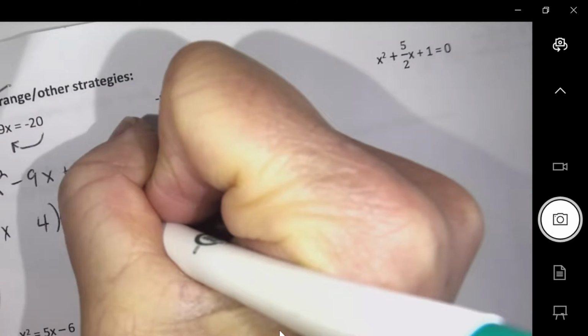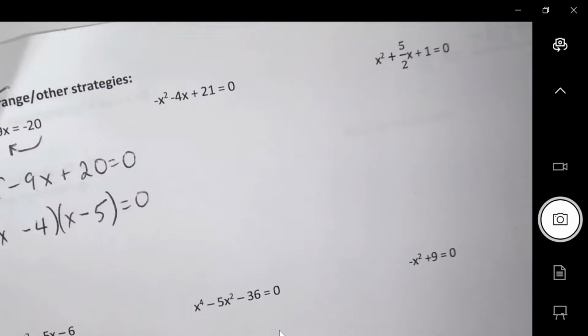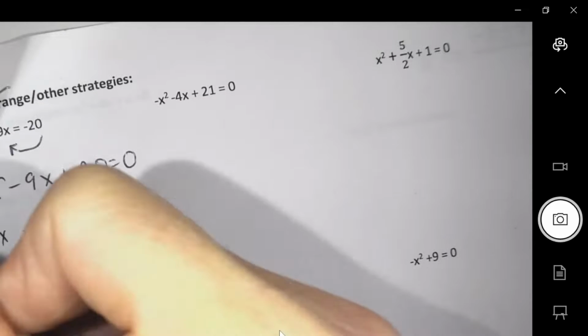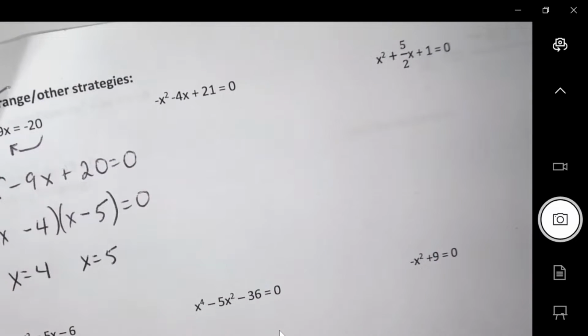So 4 times 5 is 20, and 4 plus 5 is 9. Minus, minus, right? Because it has to multiply to positive, so they're both the same. So x equals 4, x equals 5. Okay.